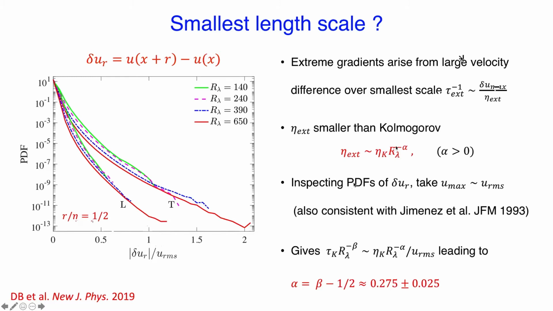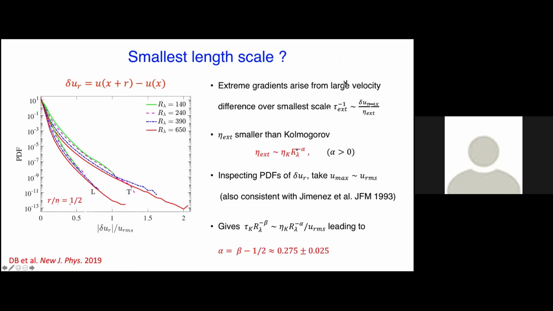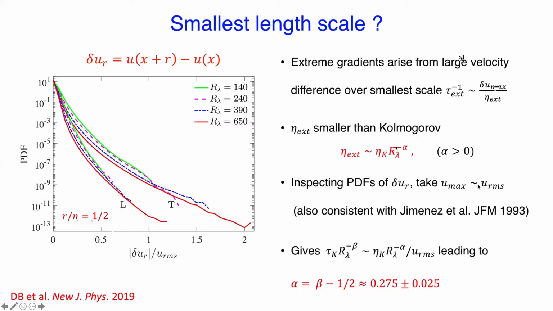So we can confidently set Umax to be of the order of URMS. In a way, this is also consistent with the idea that the velocity PDFs in turbulence are Gaussian. If we calculate the maximum increment arising from a Gaussian distribution, it will be of the order of the RMS of the distribution.